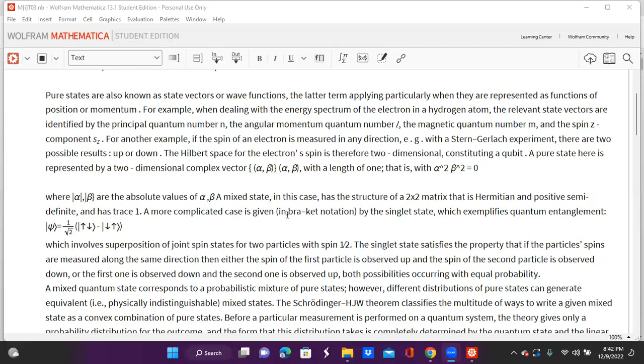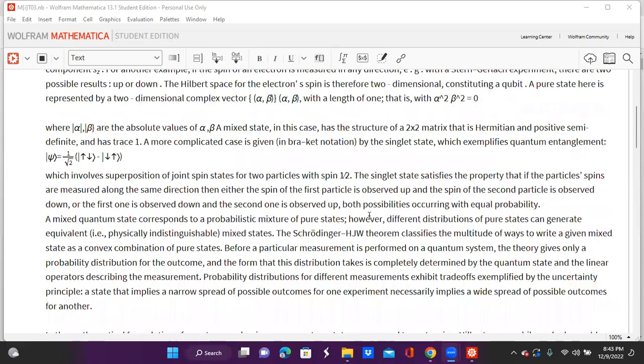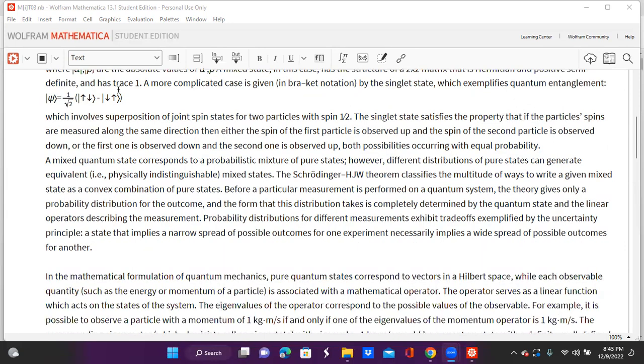A mixed state is, in this case, a 2x2 matrix that is Hermitian and positive semi-definite and has trace 1. A more complicated case is given in bra-ket notation by the singlet state, which exemplifies quantum entanglement: psi equals 1 over root 2 times (up down minus down up), which involves a superposition of joint spin states for two particles with spin 1/2.